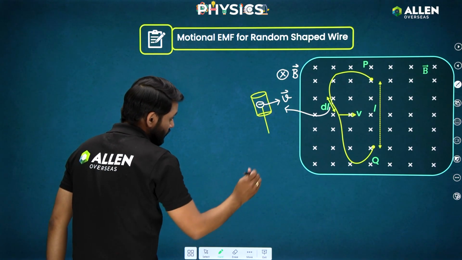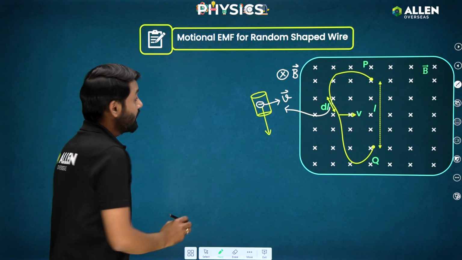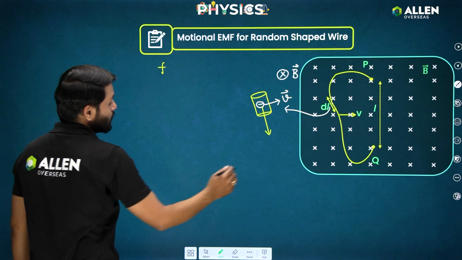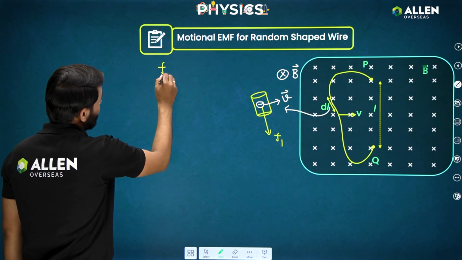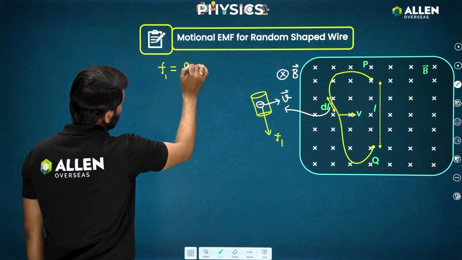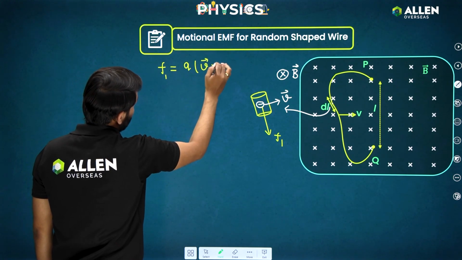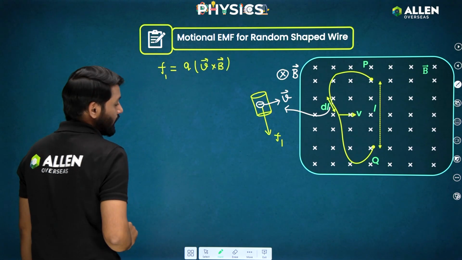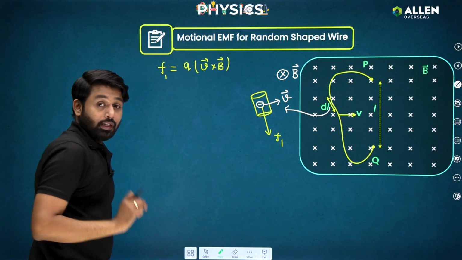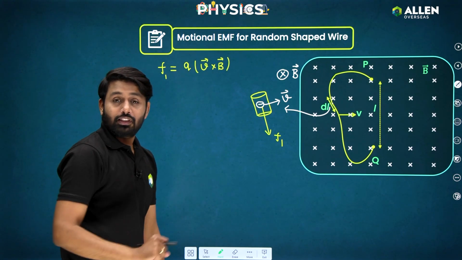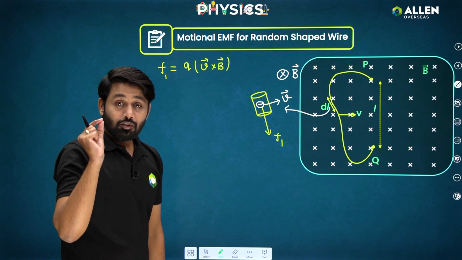This will experience force in this direction, right? That force I am using F1, right? F1 is Q into V cross B, right? Okay, so Q is E. Now you have to put with negative sign because you are writing vector form.